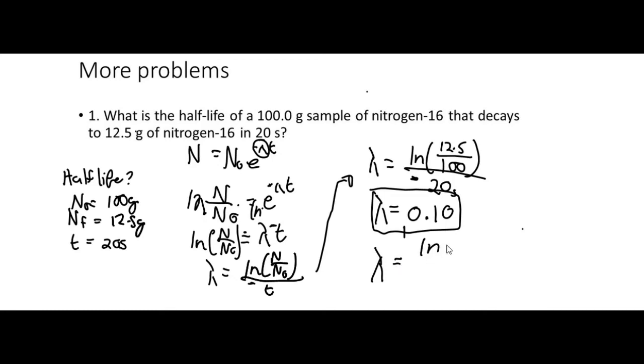So ln 2 divided by, sorry, half-life equals ln 2 divided by 0.10. That would give us 6.9 seconds.